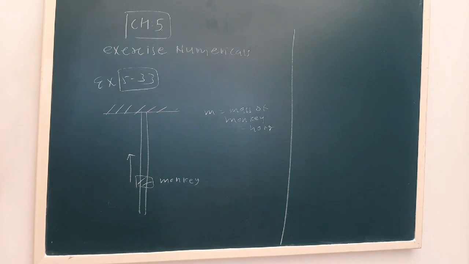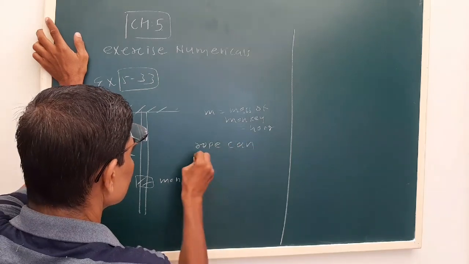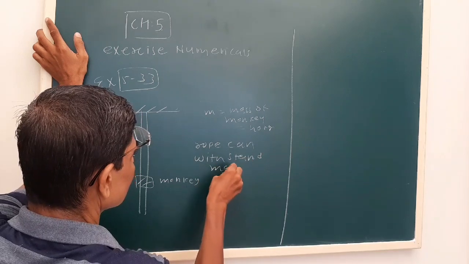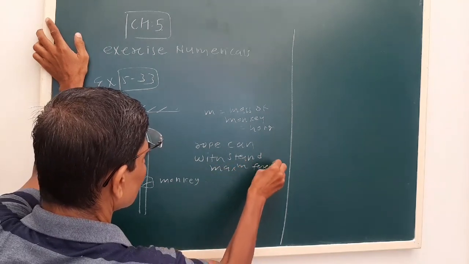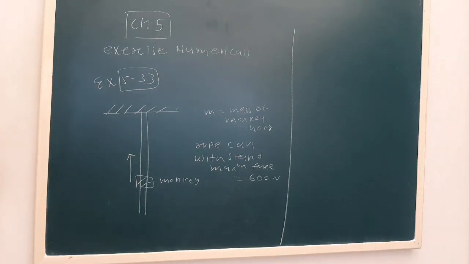The rope can withstand a maximum force of 600 Newton. Now some different possibilities are given. We have to find out in which condition the rope will break.